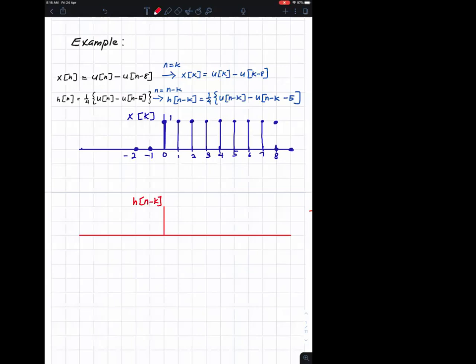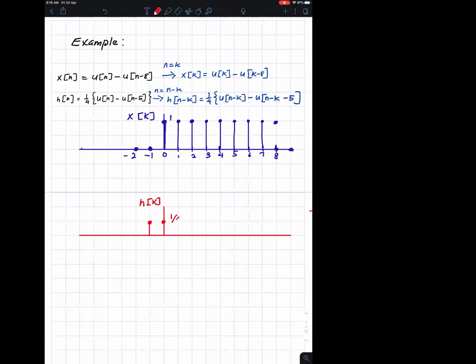I already showed you yesterday, but it's up to you how you want to do it. First, you may want to plot h[minus k]. h[minus k] is a signal that's going this way.